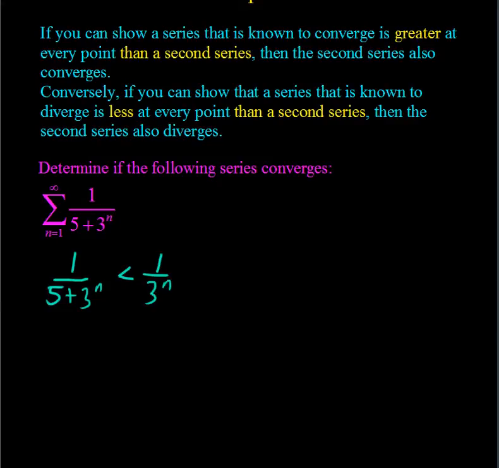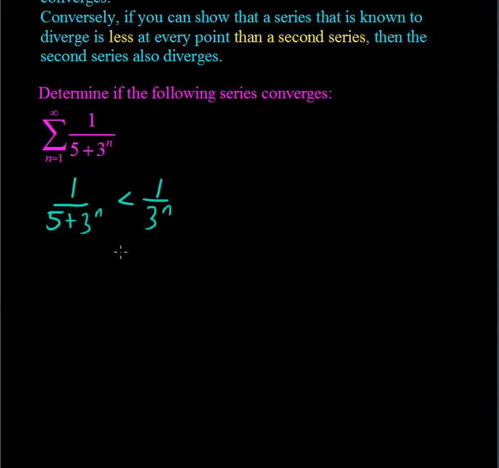And if we look at what 1 over 3 to the n is, it's actually a geometric series. Let's write out some of the terms. The first term would be 1/3, and then 1/9, and then 1/27, and so on.